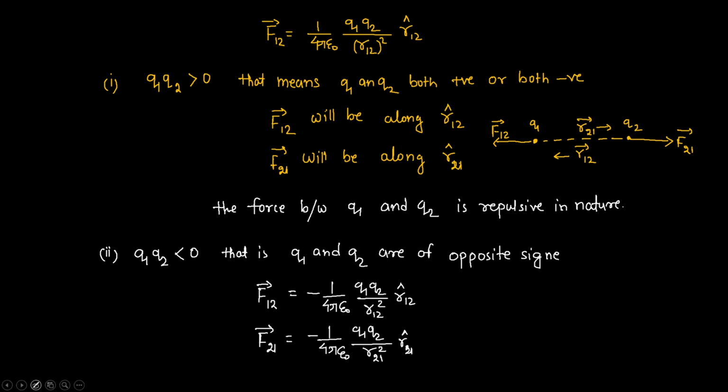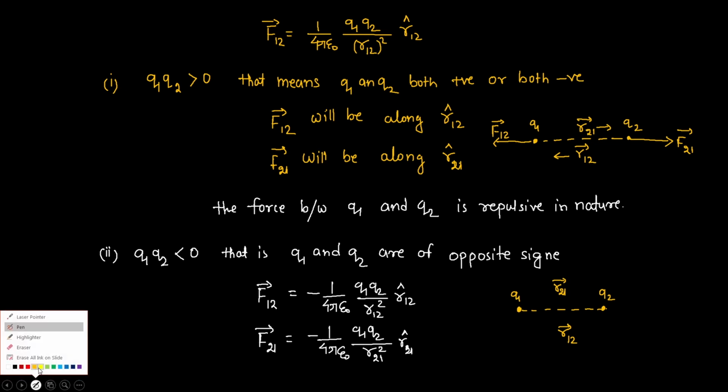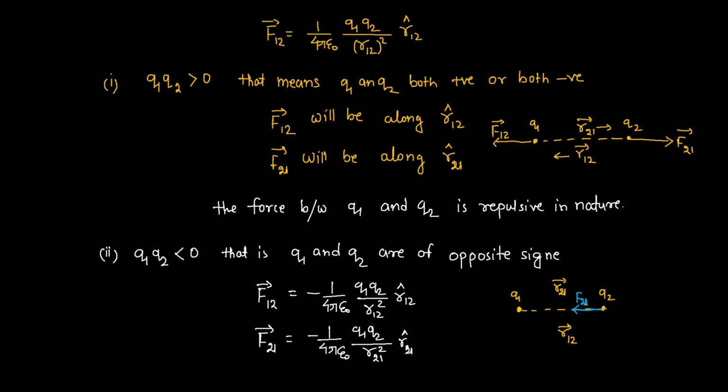Now suppose these are the two charge particles, Q1 and Q2, and the distance is R21, that is the vector leading from 1 to 2, and this is the vector leading from 2 to 1. ठीक है, but the direction of forces are opposite to their corresponding displacement vectors. ठीक है, तो now this is F21, and this is F12.